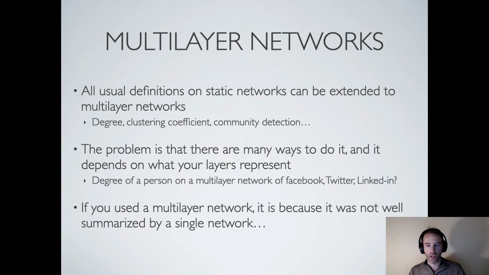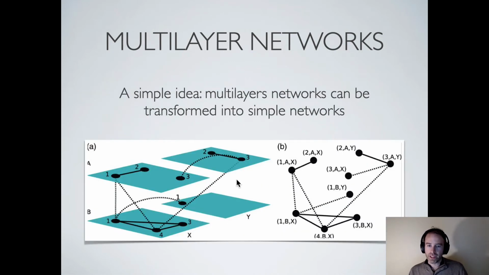But there are many propositions in several papers. An interesting general idea that I will keep is that if you start with a multi-layer network like this one, you can transform it into a simple graph by doing this kind of transformation, in which you identify each node by the layer it corresponds to. So for instance, this node corresponds to node 1 in layer AX.